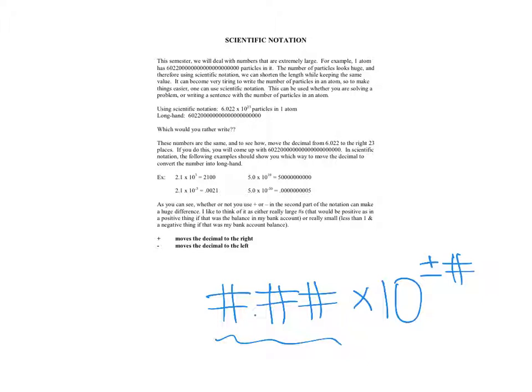And this positive or negative depends on whether you're talking about a really big number. I like to think of it like that would be a really positive thing if that was my bank account balance. Can you imagine? It's probably like Bill Gates' bank account balance. Or if I had a really tiny number, that would be a negative thing. Not so good.